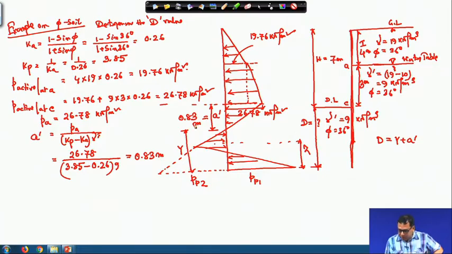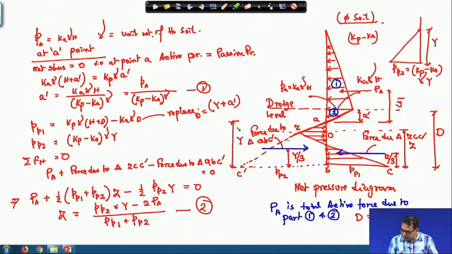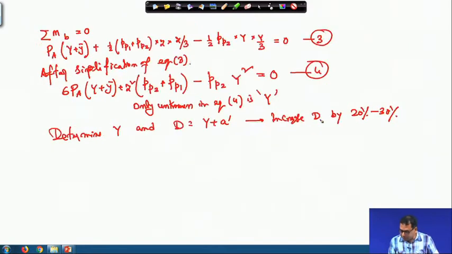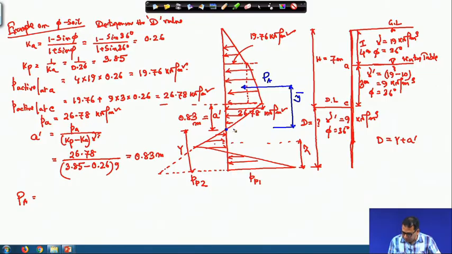Okay. So, now I have to calculate the capital P A. So, this is capital P A, and that will act at a height of y bar from this point. Because the A point I have already written, so you can give any different name.